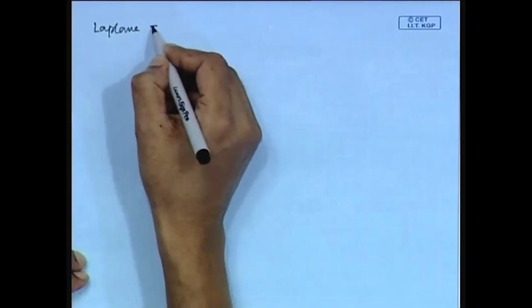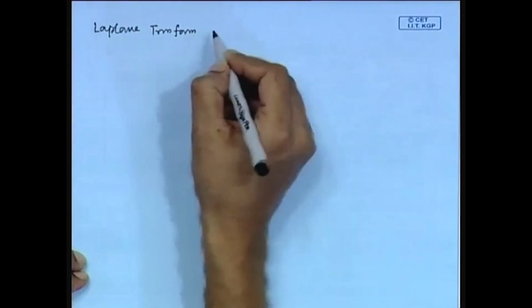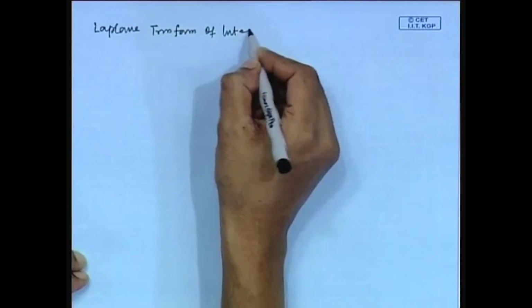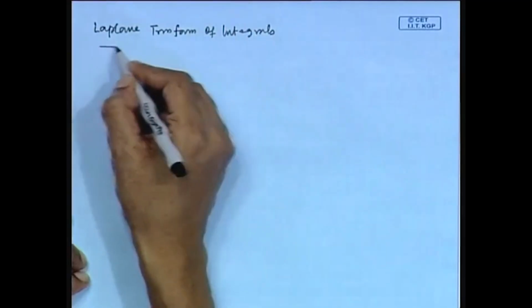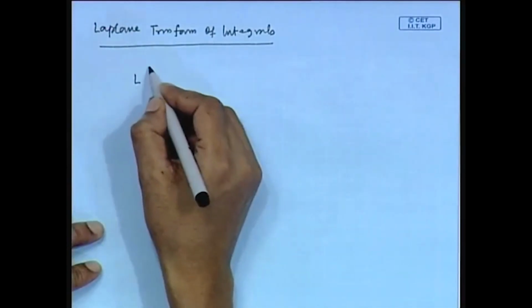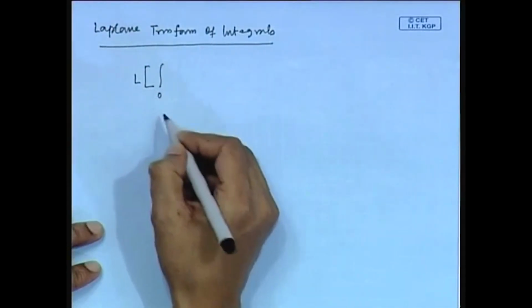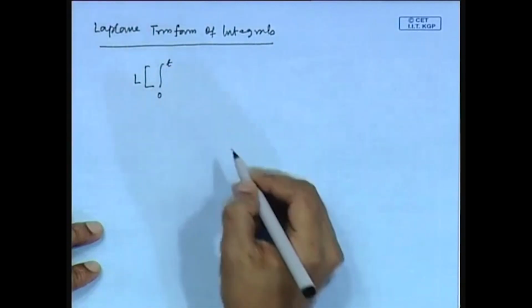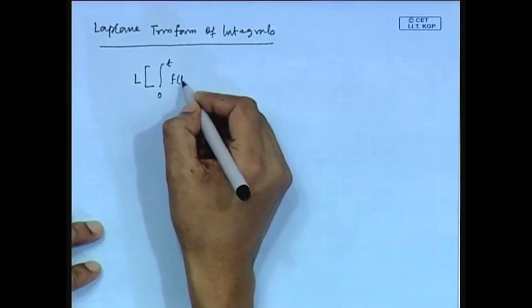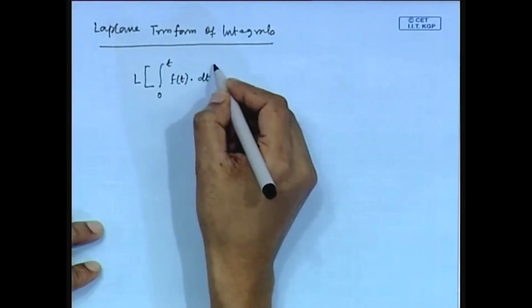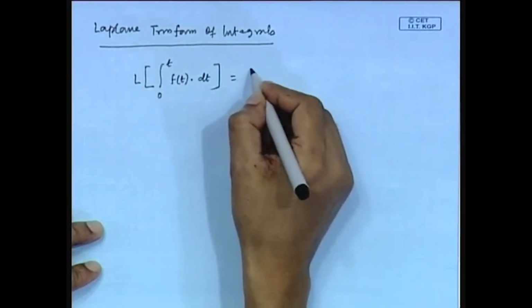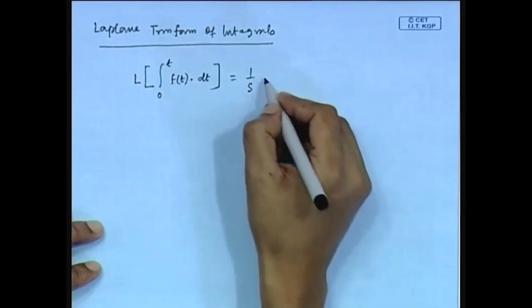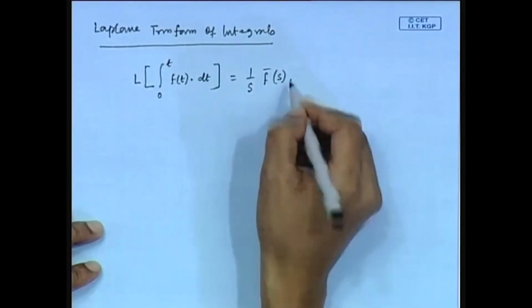What is the Laplace transform of integrals? The Laplace transform of the integral of the function of t dt equals 1 by s f bar(s).